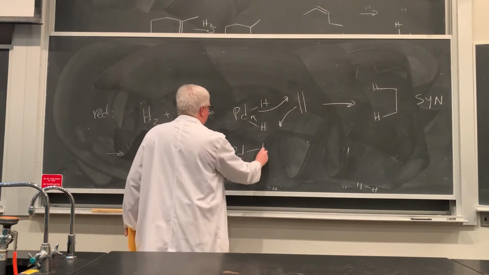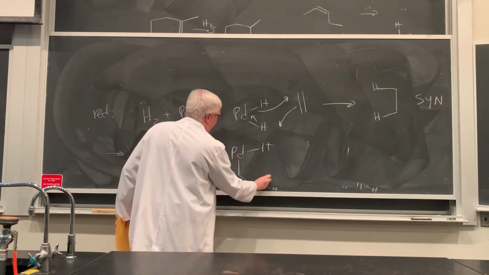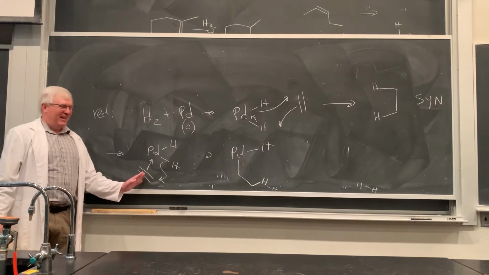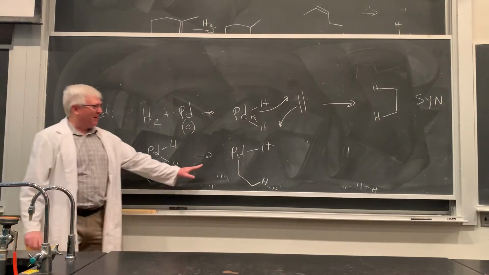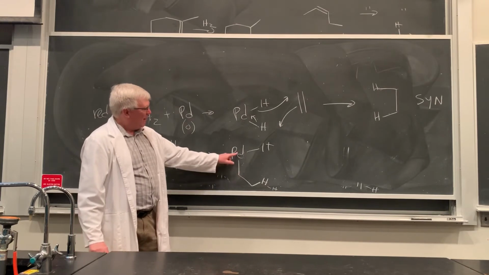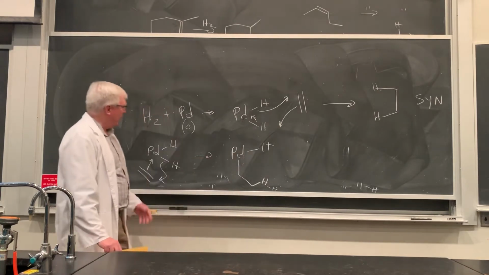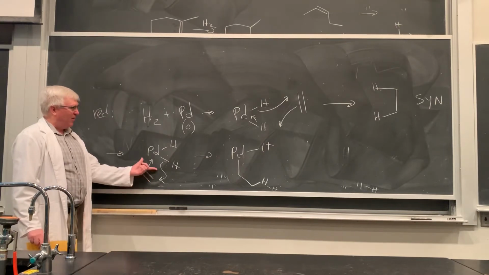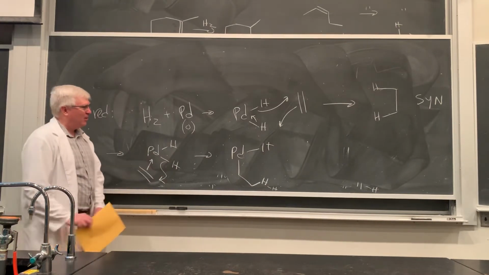You get a palladium hydride, now with an alkyl group; the ethyl group ends up on the palladium. Don't worry about that step, but this is still palladium 2, now with a carbon-palladium bond and still a palladium-hydride bond. We say that this is an insertion step: we insert the alkene into this palladium-hydrogen bond.